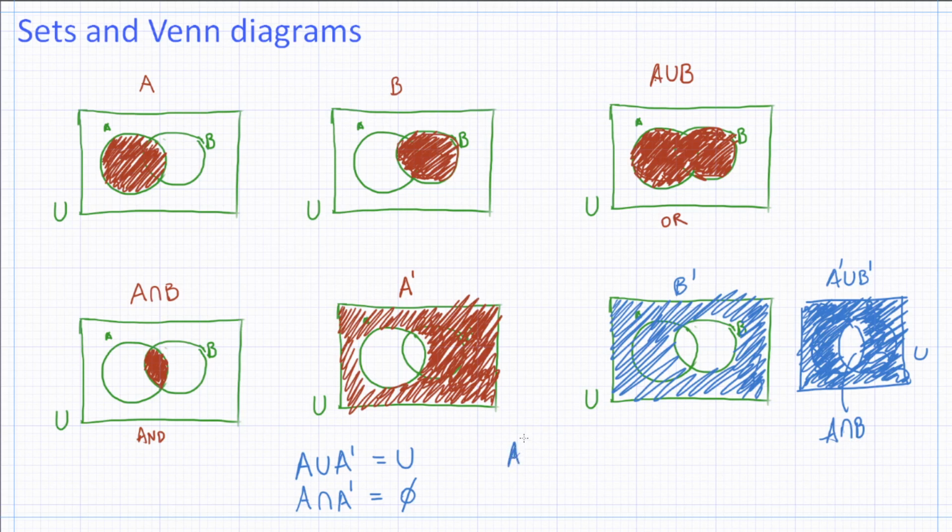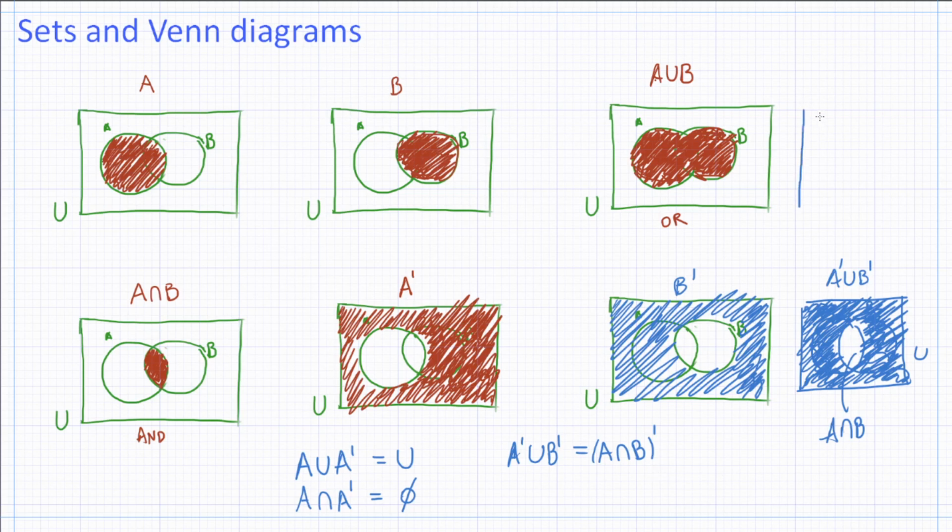So not A union not B is not A intersection B, because the intersection is not in there. That's exactly the opposite. If I do the complement of A intersection B, I would get exactly what's shown here. So that's why we need the complement here.